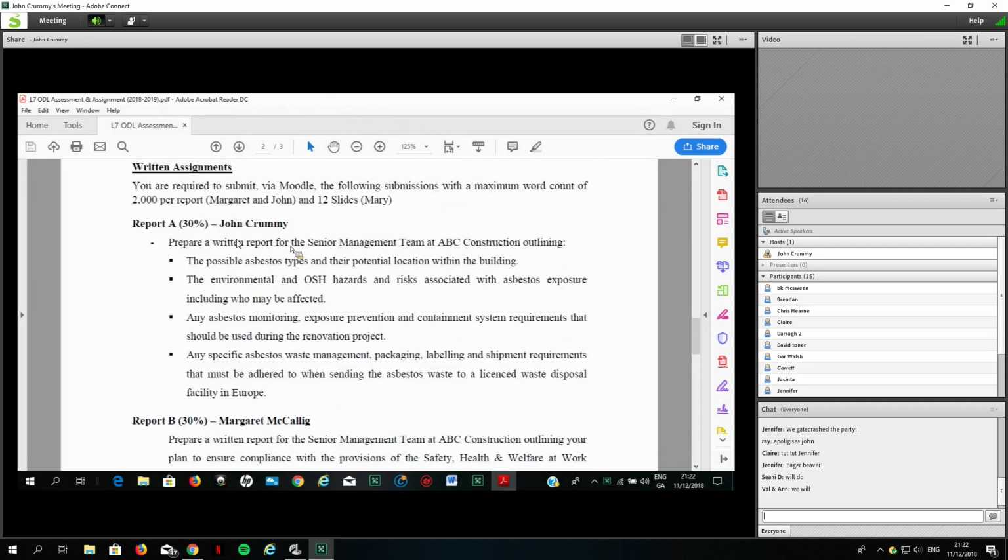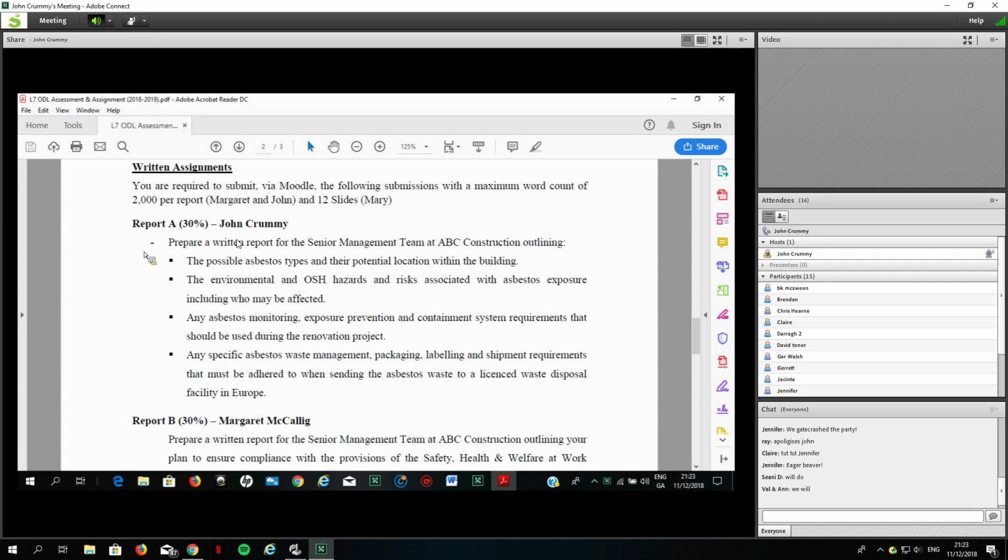again, I was looking for you to prepare a written report, and the first part of that was the possible asbestos types and their potential location within the building. You should be able to give me good information sources in relation to that. The HSA website, and their guidance document on asbestos containing materials, has really good information.